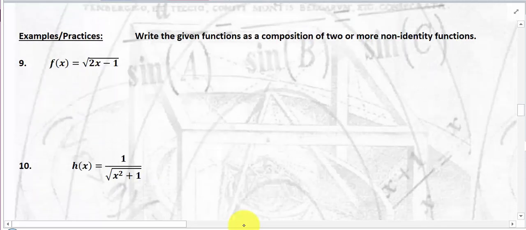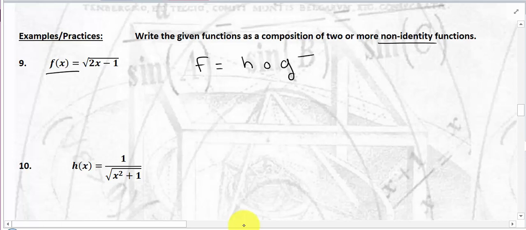So in number 9, you have to write this function as the composite of 2 functions, but they cannot be the identity. Okay? So there are so many ways to do that. So what I want to do right here, for example, the 2 functions, I'm going to call them h and g. Okay, so let's say h of g. G is called the inside function, especially in calculus, and h is called the outside function.